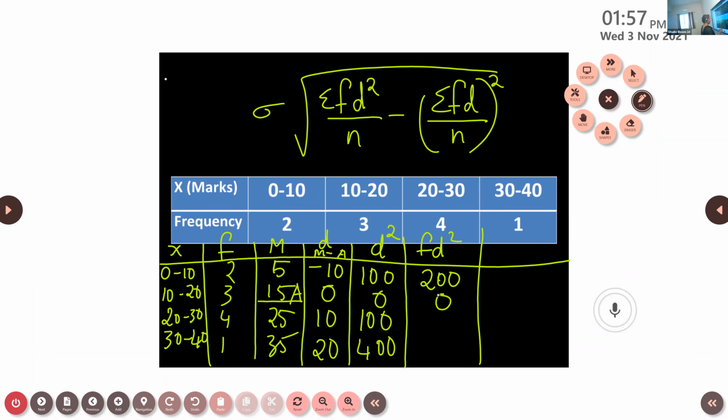Abhilash, next one? 400. Vinay, next one? 400. Now one more column we have to find. What is that? We got FD square, but we didn't get FD, right? So FD is another column we have to find. F into D. Find out that.